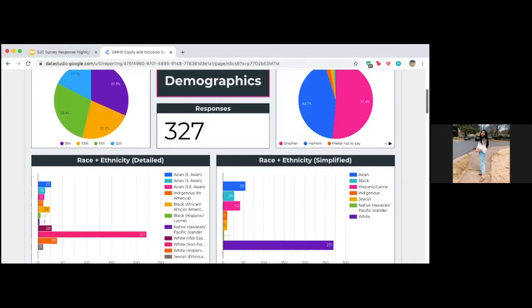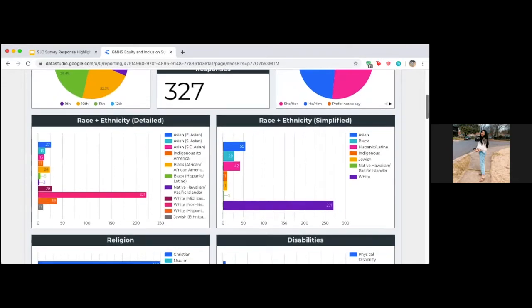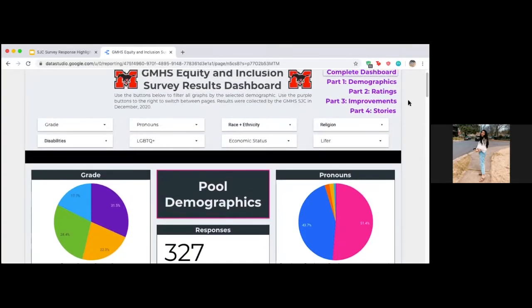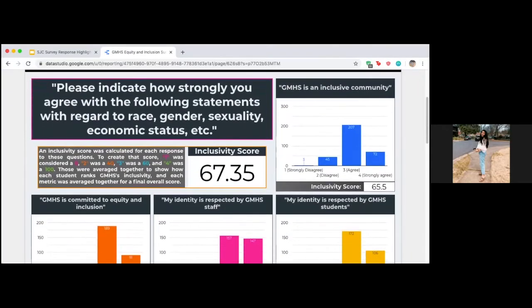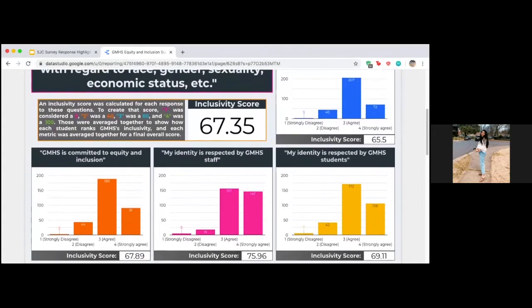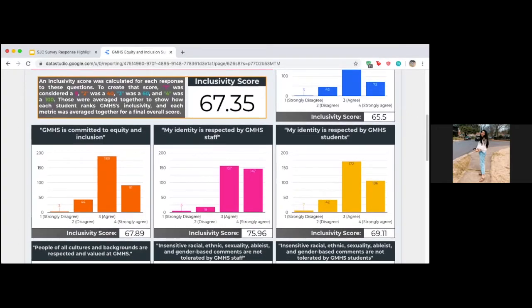We also have some other key parts of this data, such as the inclusivity score, which Jonah has so kindly explained. But the inclusivity score doesn't necessarily represent all of Mason and how it is inclusive. There are other things, such as stories, that we need to fill in the gaps and to assess the inclusivity and equitability of Mason as a whole.